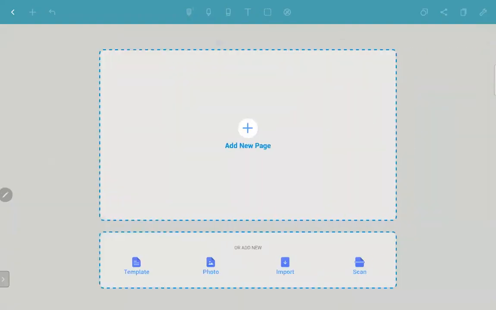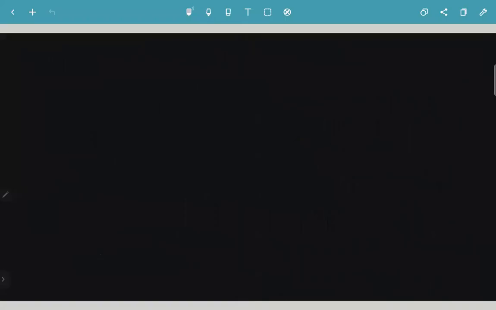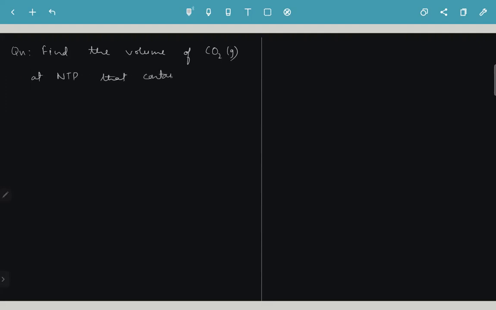नेक्स्ट देखो. Find the volume of carbon dioxide gas at NTP that contains a total of 1.8 into 10 to the power 24 atoms.